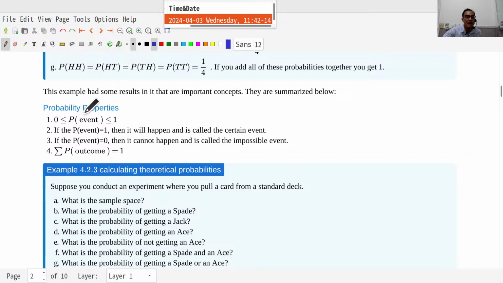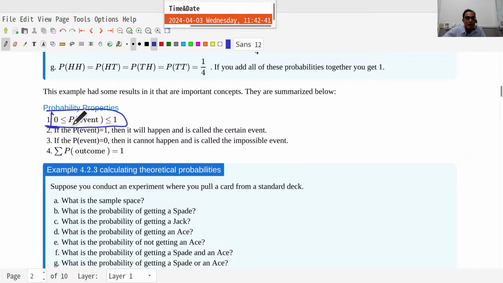the probability of any event will be larger than or equal to 0, but smaller than or equal to 1. I think this concept is easy but important. The probability is larger than or equal to 0, and less than or equal to 1.